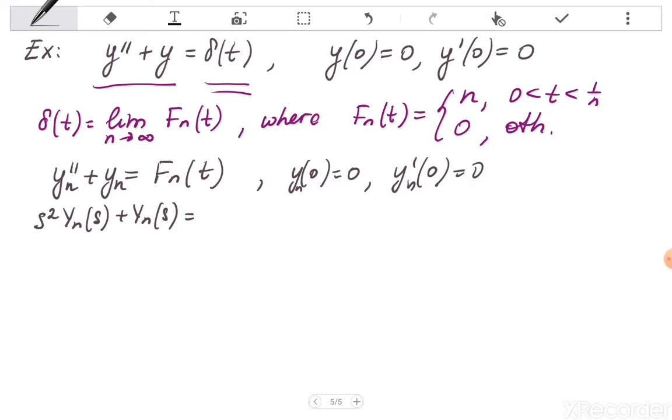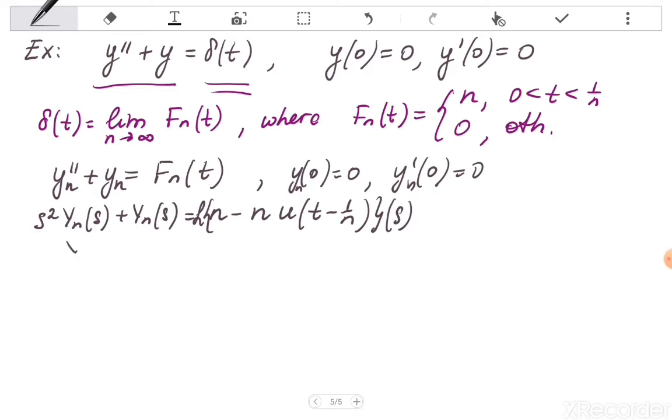Let's rewrite this function fn using the step function: n minus n u of t minus 1 over n. Now we take the Laplace transform of this, at the point s, of course.